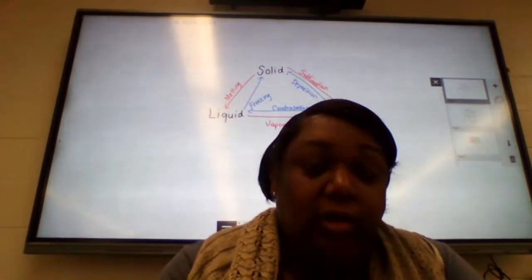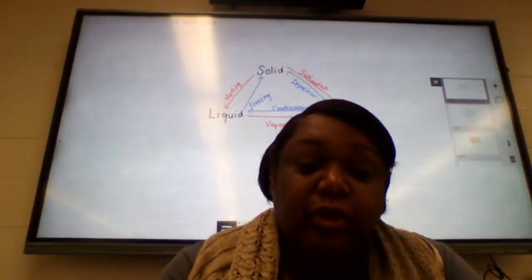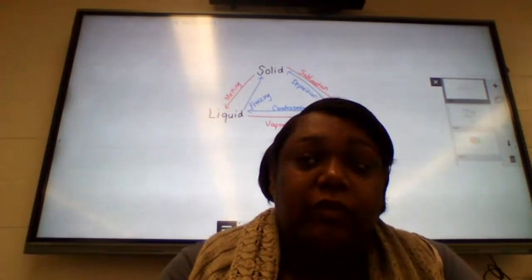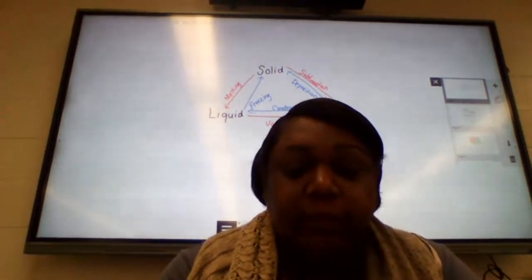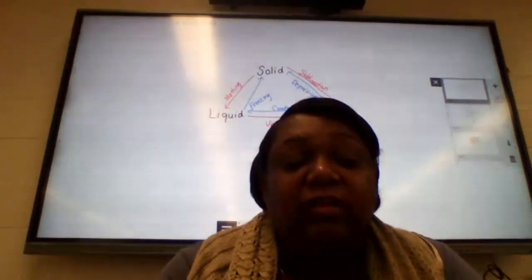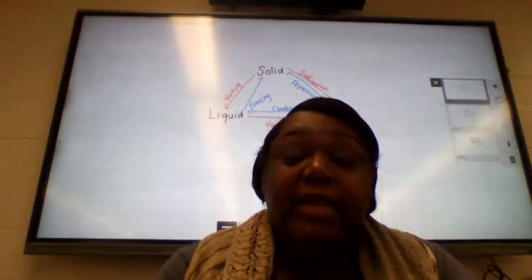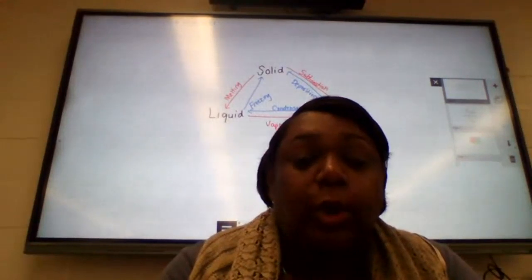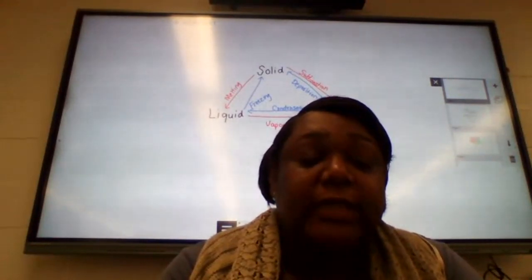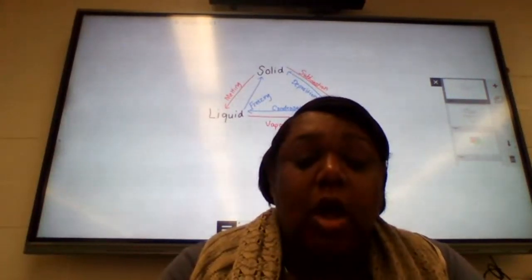In your solid phase and in your liquid phase, there's very little space between your particles. But when you go to your gaseous phase or your vapor phase, those particles are allowed to move freely to wherever they want to go.